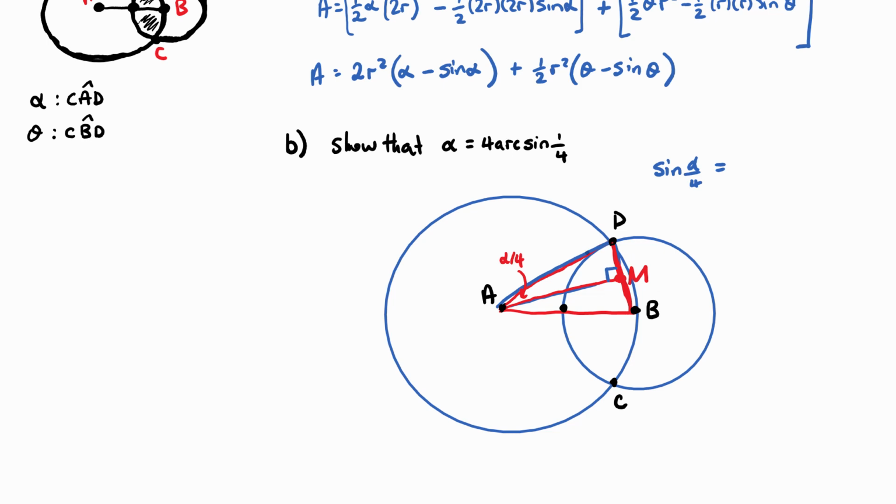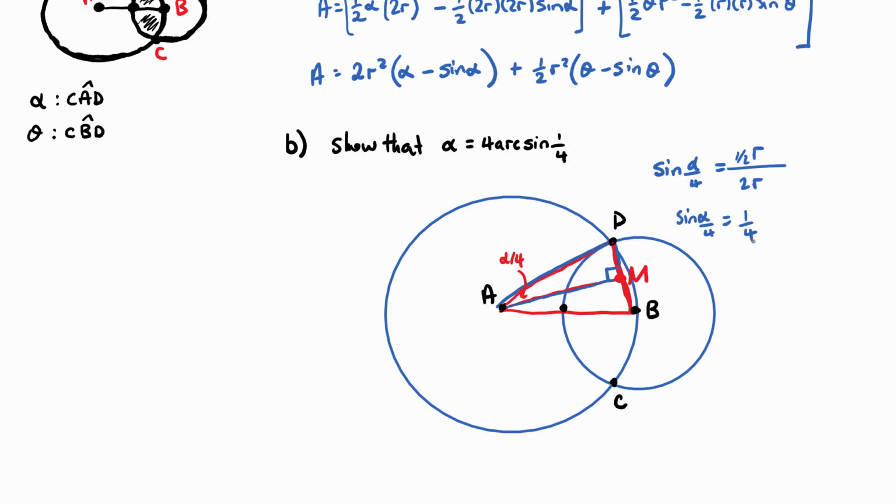Now dB is just the radius of this smaller circle, so this is a half of R, and the hypotenuse is 2R. So I get sine of alpha on 4 equals a half R over 2R. The R's will cancel out, and a half over 2 is just a quarter.